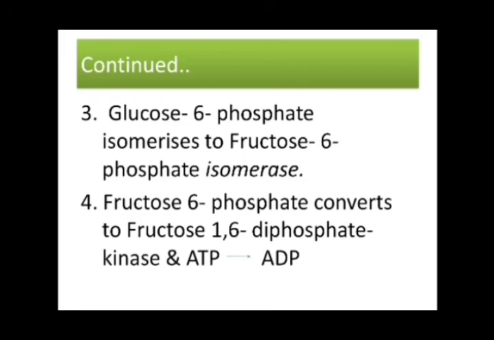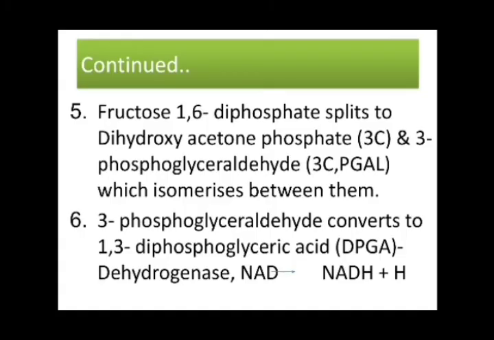The glucose 6-phosphate isomerizes to form fructose 6-phosphate, which is catalyzed by the enzyme isomerase. The fructose 6-phosphate converts to fructose 1,6-diphosphate with the help of ATP and kinase.